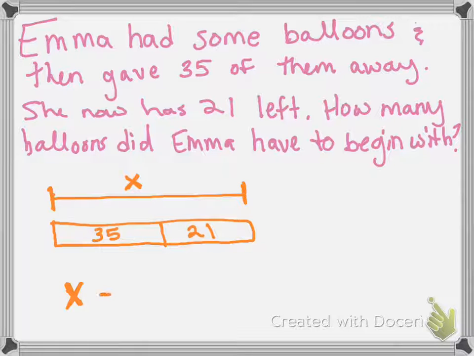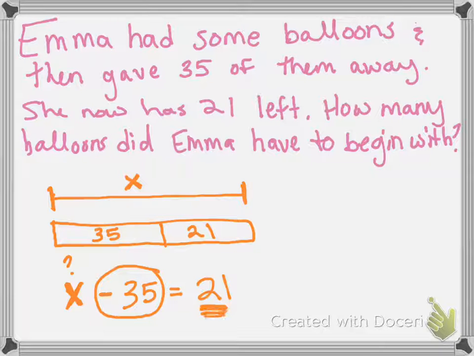But we know that she gave 35 of the balloons away, and now she has 21. So you can think we don't know what she started with, but we know she had to take 35 away because she gave them away, and it always is going to equal what she has now. All right? So this is some algebra for you.